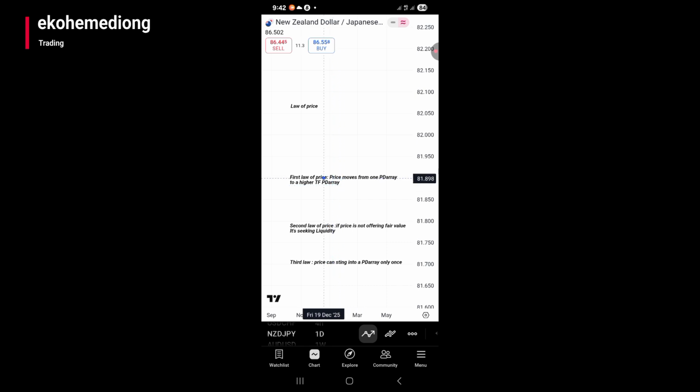I've not yet taught you what PDRA is, but in my next slide, I'm going to teach you. So the second law of price states that if price is not offering fair value, it's seeking liquidity. We are going to cover what fair value is and also order flow so you will understand it properly. And then the third law states that price can sink into a PDRA only once.